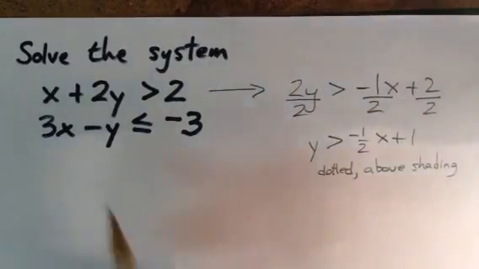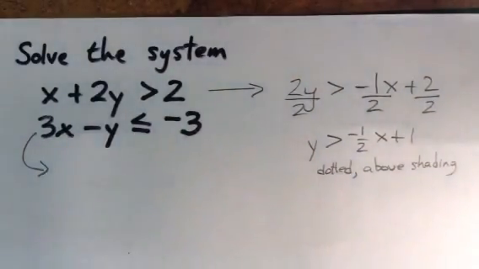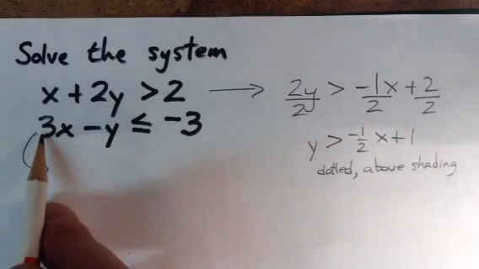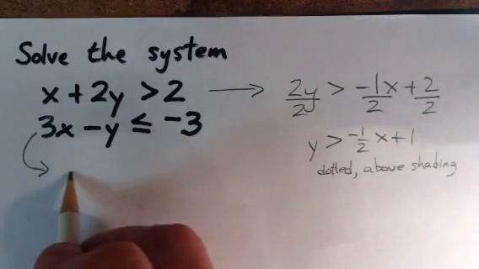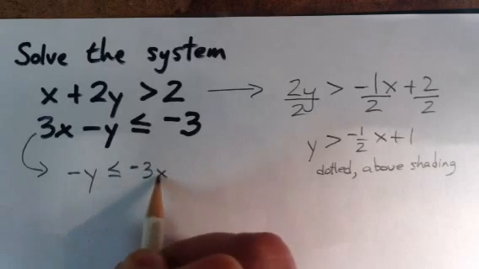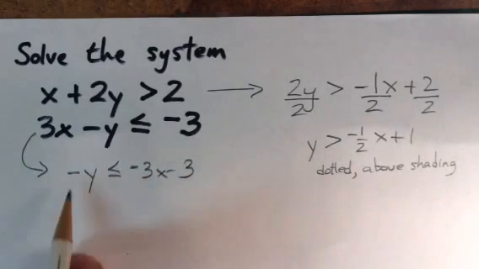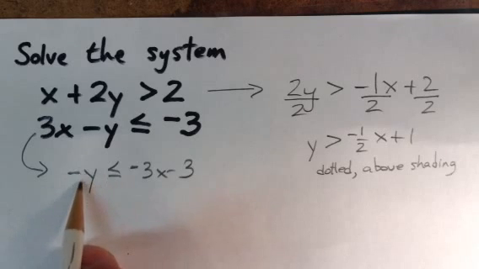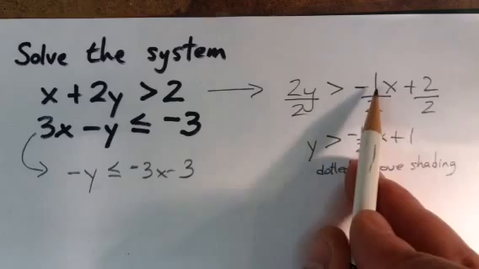Okay, so now we're going to take this other guy right here, and we're going to solve for y. If this 3x is positive on the left, it's going to be negative on the right. What's in front of that sign, between that negative sign and the y? What number's there? It's the same one that was over here.